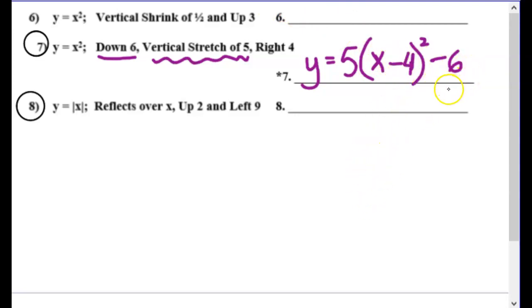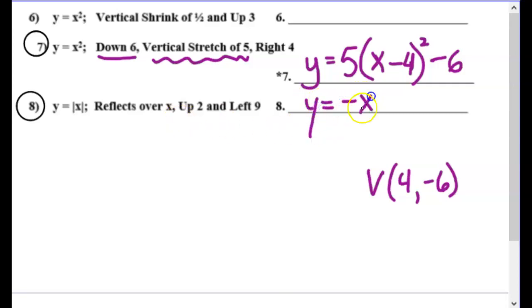Where's the vertex of this? We already did vertex form, right? Opposite of this and this. So the vertex is at 4, negative 6. Is that right 4 and down 6? Okay. And the 5 just stretched it. Reflect over x. Okay, that's going to be out front of the function. And then up 2 and left 9.